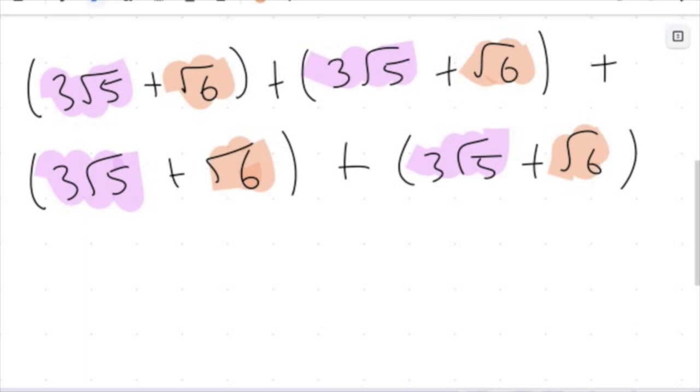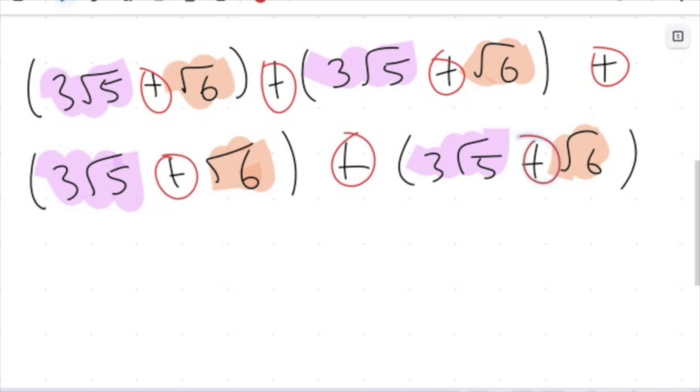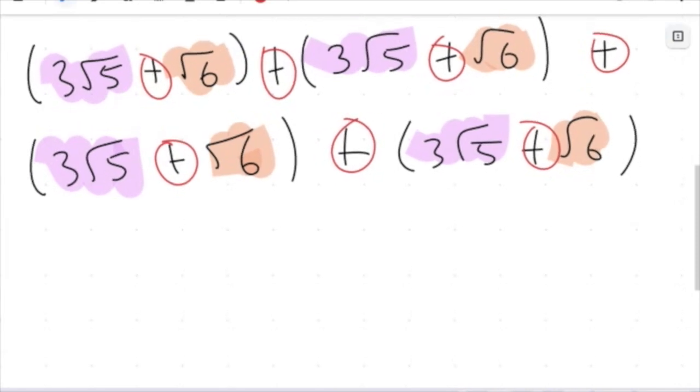So all of the operations here between these numbers are addition. That means we are going to be adding all of these like surds together. So here I've got 3 root 5 plus 3 root 5 plus 3 root 5 plus 3 root 5. We remember from last year's content that when we add like surds, it's similar to just doing algebra.